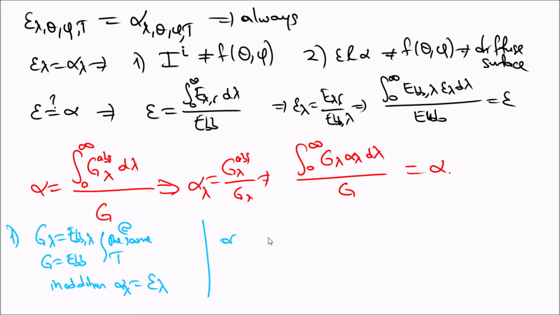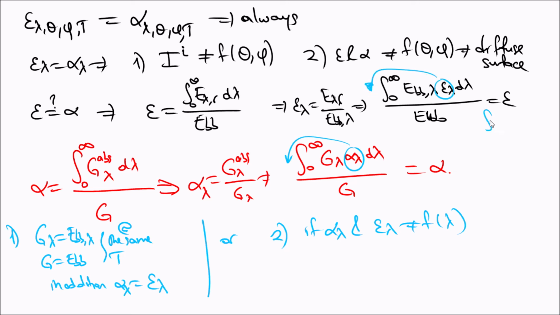The second case is that if alpha lambda and epsilon lambda are not functions of lambda, then this term will come to here and that term will come to here. Then the rest will be cancelled out, because I know that the integral of E b lambda d lambda from 0 to infinity divided by E black body is 1.